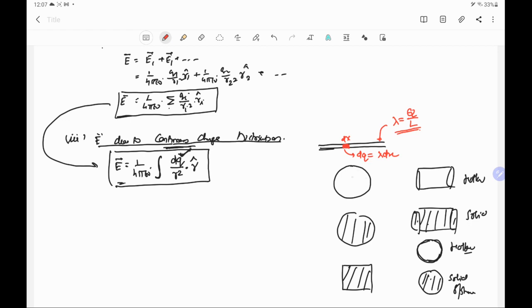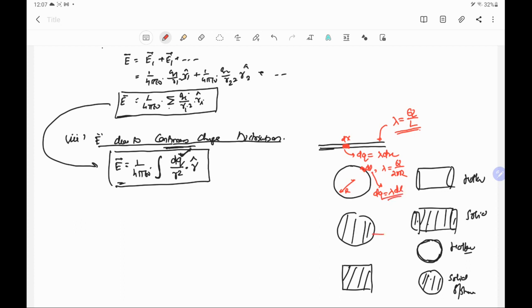Similarly, if this is a ring, along this ring we take an elementary length dl, and if lambda is the linear charge density, that is equal to total charge divided by total length, and length will be 2 pi r if r is the radius of this ring. Then charge on this length dl will be lambda dl.